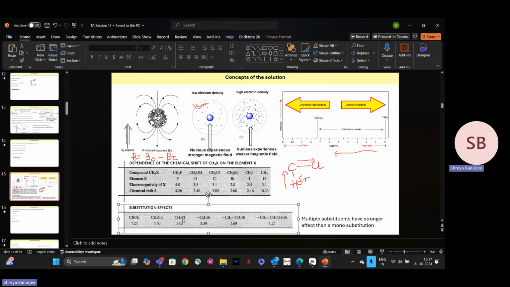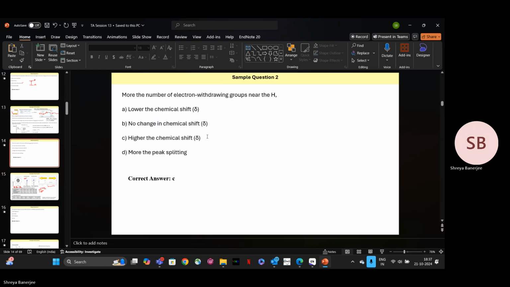As the number of chlorines increases from 1 to 2 to 3, you can see the chemical shift value is also increasing. So the more the number of electron withdrawing groups, the higher the chemical shift. So the correct answer is C.